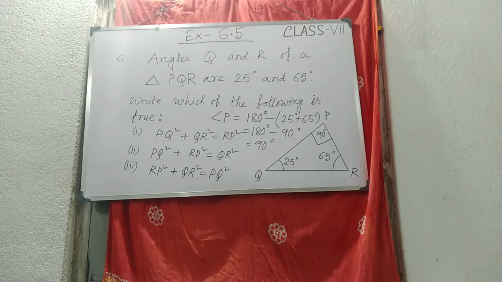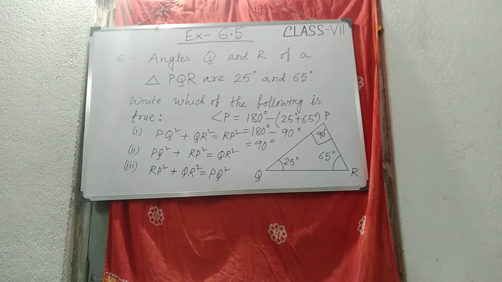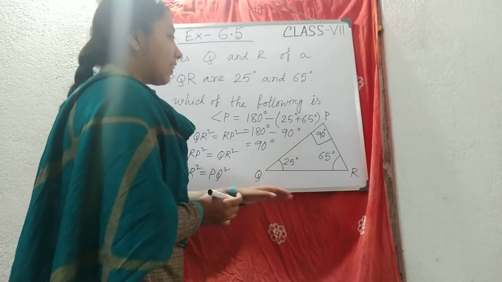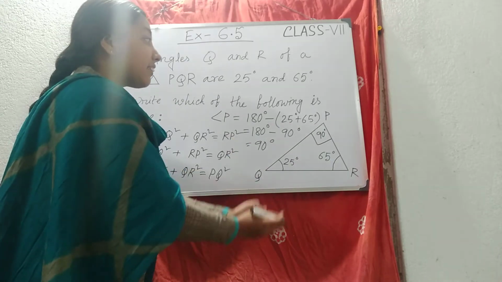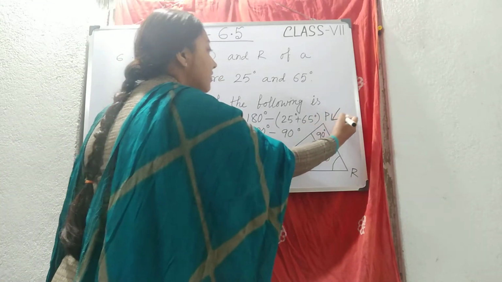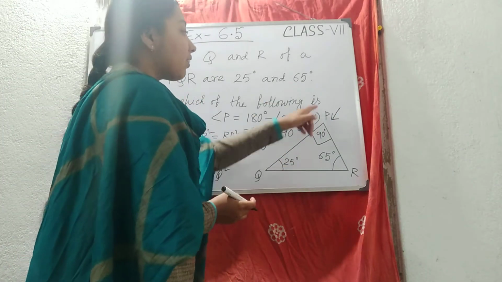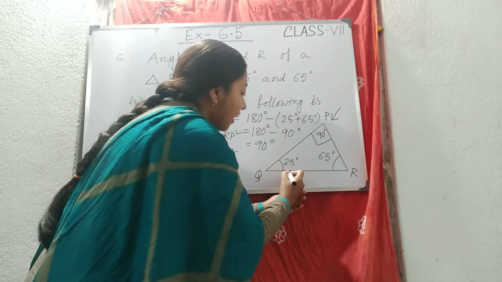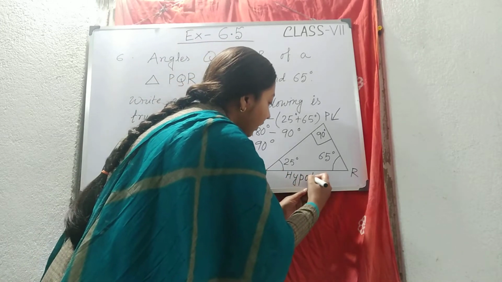First of all, as this triangle PQR is right angled at P, then the opposite side of angle P will be its hypotenuse. So here QR is called as hypotenuse.